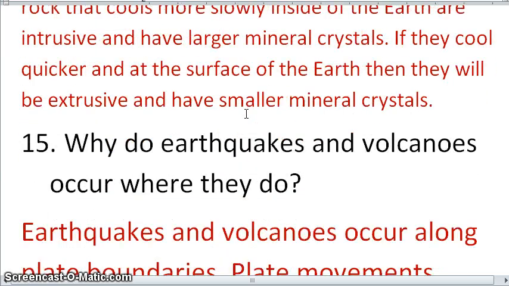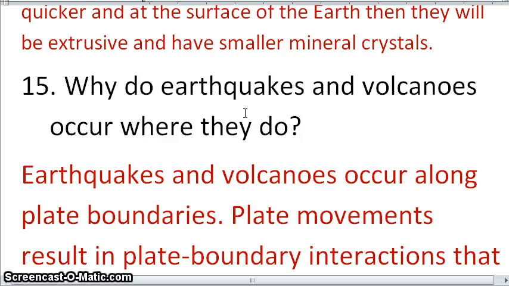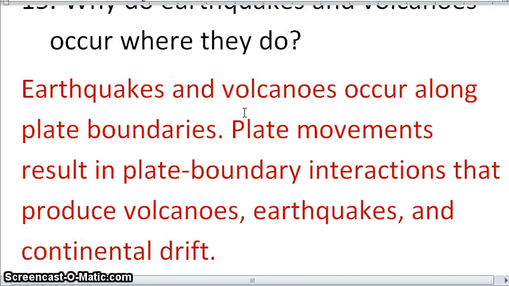Moving on to question 15. Why do earthquakes and volcanoes occur? Where do they occur? At the same places. Earthquakes and volcanoes occur along plate boundaries.